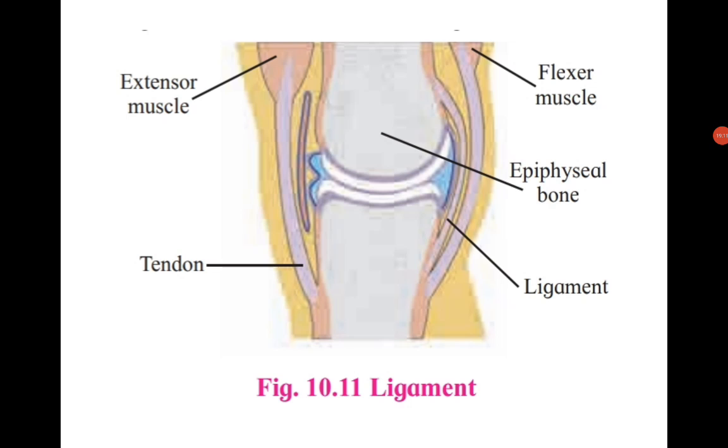Concentrate on this figure. In this figure we are seeing tendons and also ligament. Tendons connect skeletal muscle and bones. Ligament connects two different bones. This figure is a clear-cut picture of what is tendon and what is ligament.